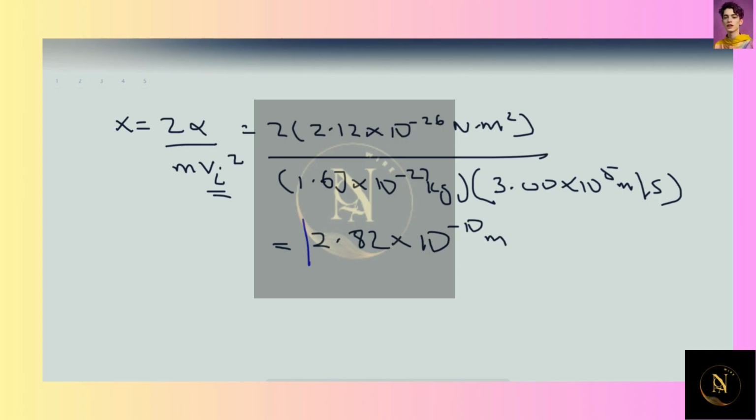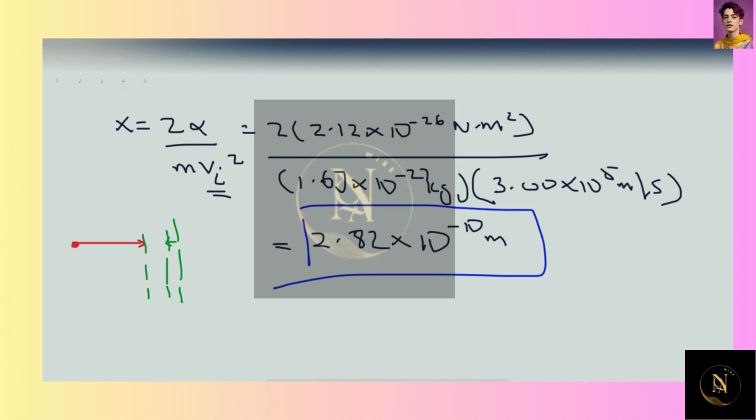Okay, so that's the distance it stops. Think about the proton coming this way, and then there is a force coming from the uranium that's pushing it that way. So the proton doesn't get all the way up to the nucleus. There's a distance x, and we want to find out what that distance is.